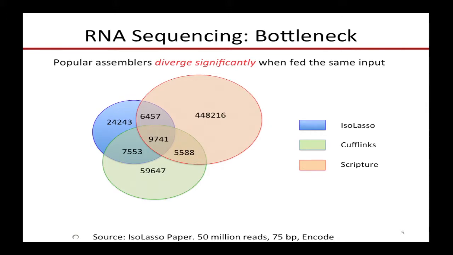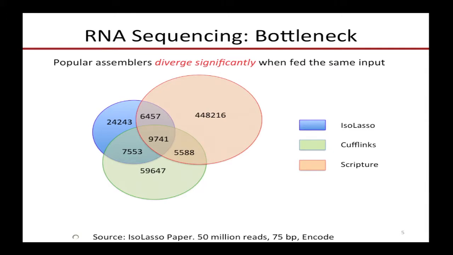These reads are fed into the software, and the software tries to reconstruct a list of RNAs. If you feed the same input to these three popular software, you ask, how much do they agree? This is a Venn diagram of what sequences they agree on and what sequences they disagree on. You see that the overlap between all of them is around 10,000, but the independent portion is really large.